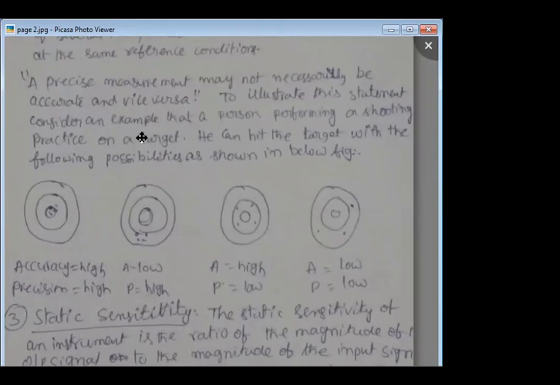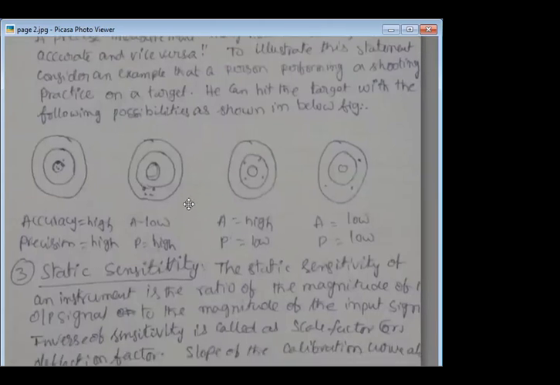Here is one example to represent this statement. Suppose a person is doing shooting practice on a target. He can hit the target with the following possibilities as shown below. There are four possibilities. The center circle is the target, so the bullet should hit this center point; then only we can get the perfect shooting.